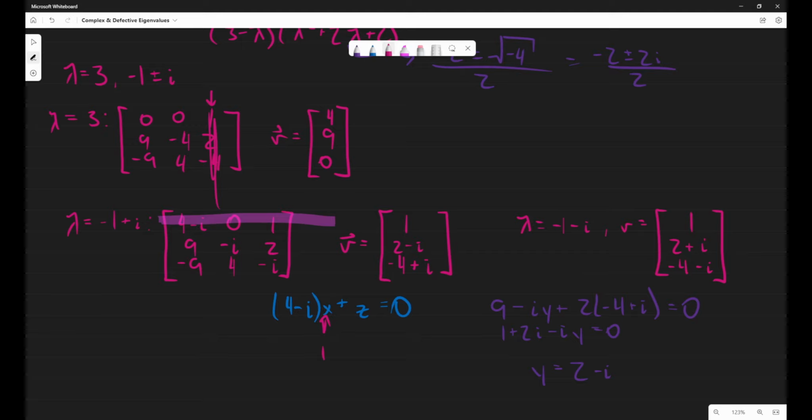Again, for this particular part, for part C, once we start having complex values, it becomes harder to eyeball our eigenvector. So what we'll tend to do is zero out a value so we can just deal with two variables, and then we find the third variable just using any other equation.